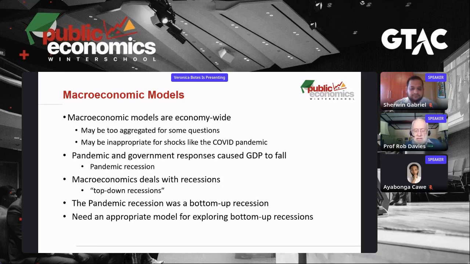The corona contraction started off by hitting certain sectors of the economy, and hitting them very quickly. The real economy collapsed very quickly, and it then worked its way through to a much wider recession hitting the whole economy. And so we need an appropriate model for exploring bottom-up recessions.